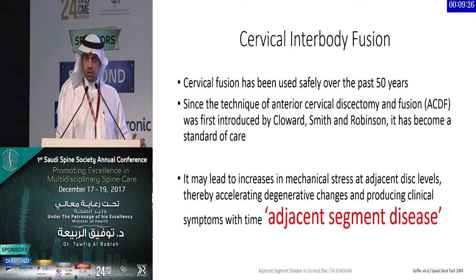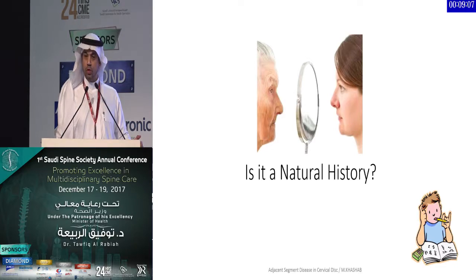The only problem that we might blame is that the fusion might increase the mechanical stress on the adjacent level, and that might accelerate the degenerative process and end up with what we call adjacent level disease. So the question is, is it real or just a natural history?